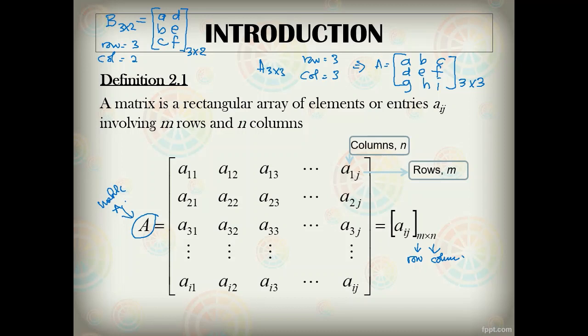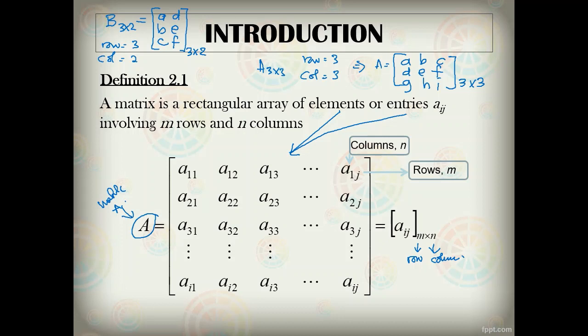Each of the letters here, inside the square brackets, we call an element or entry. You can call them elements or entries of Aij, because we use capital letter A, and for the element it is easier to just write a small letter a.